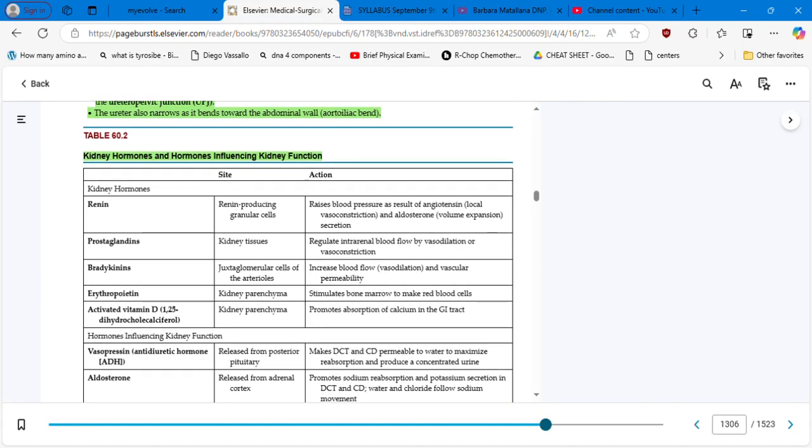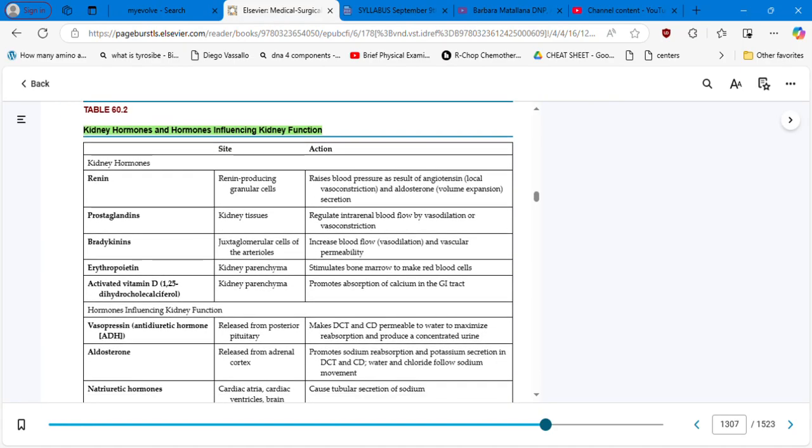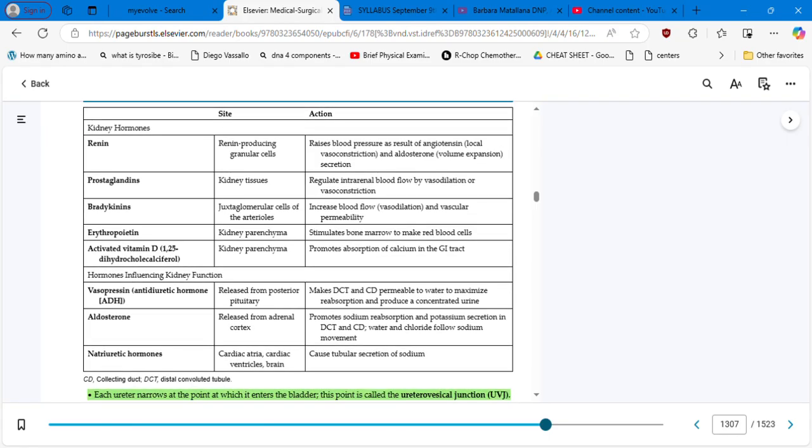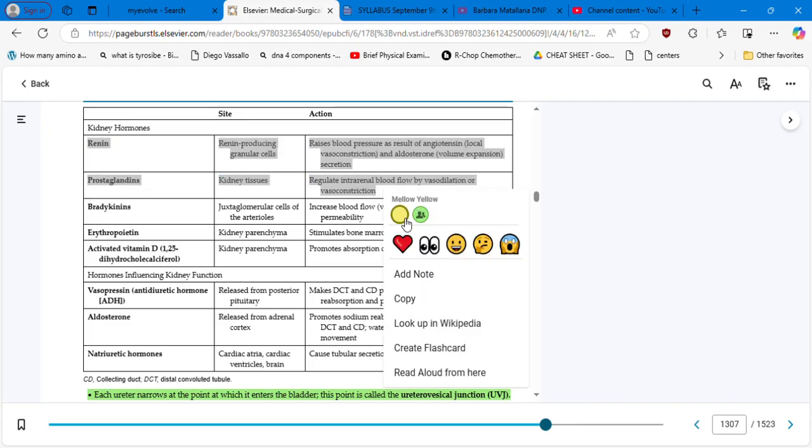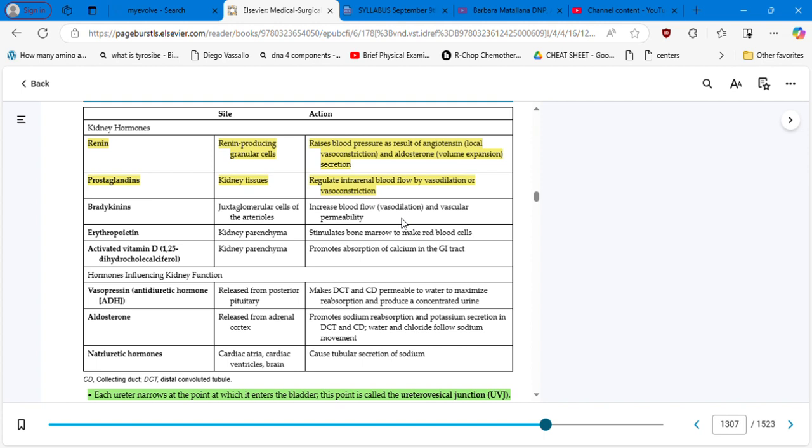Kidney hormones and hormones influencing kidney function. You have this table here, which is excellent for you to review. I want you to review the renin, prostaglandins, right? That's very important. I want you to remember also erythropoietin, the form of the vitamin D, right?